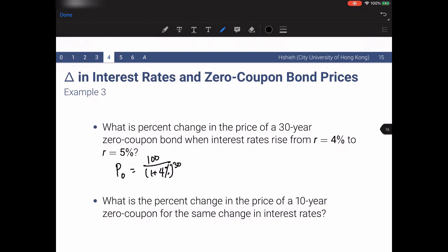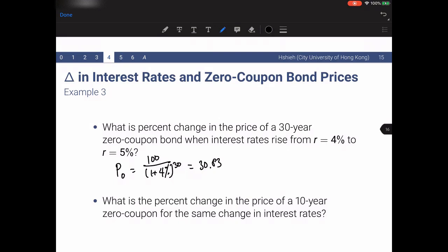We're presuming that these interest rates are per annum. If you do this by hand or through a calculator, you'll see that the price of this particular bond with a discount rate of 4% is going to give us $30.83. So that means a bond that matures in 30 years and pays you $100 30 years later, you should be only willing to pay $30.83 today.